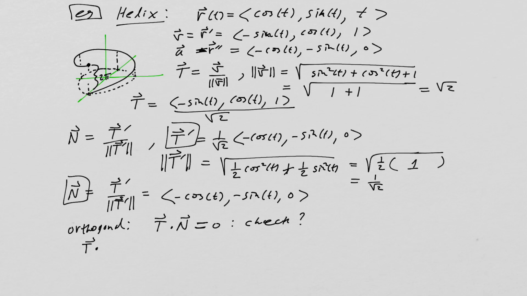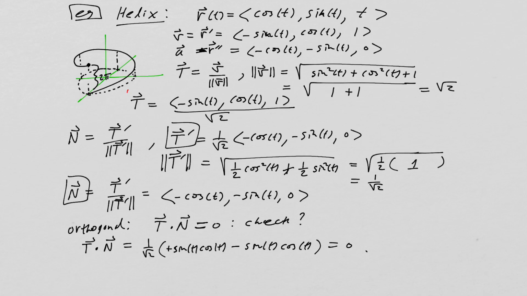T dotted with n is going to be 1 over root 2 times positive sine t cosine t minus sine t cosine t. So that's, of course, 0. Okay, good.